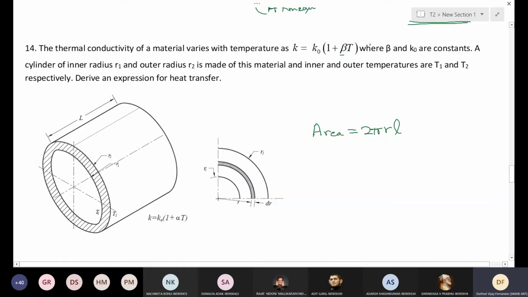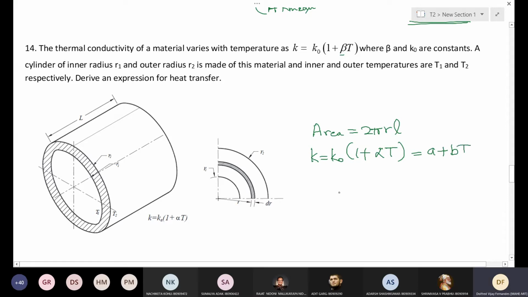Don't worry about that. If you want, I can use the notation K equal to K0 into 1 plus alpha T. Or sometimes it can be written as A plus BT.